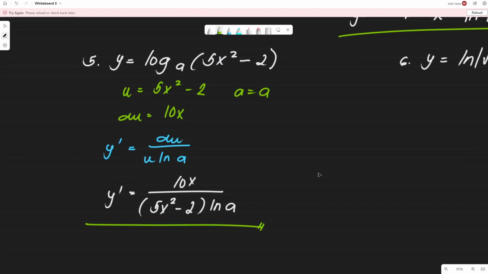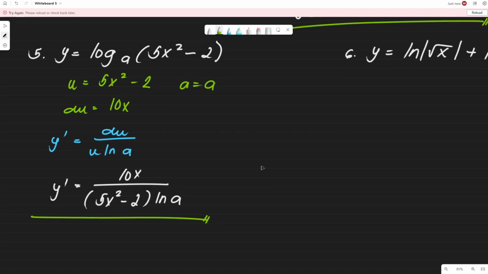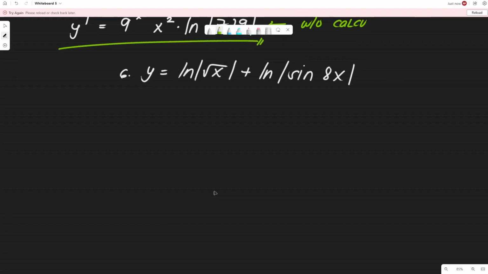Okay, so next we have number 6. So we have y is equal to ln of square root of x plus ln of sine 8x. So we have two functions. Let's say this is u. I will assign this as u, and I will assign this as v.